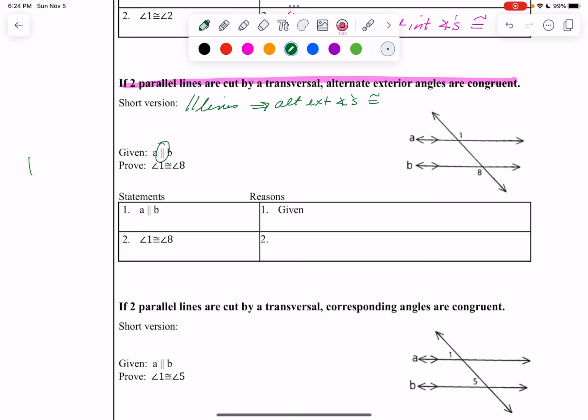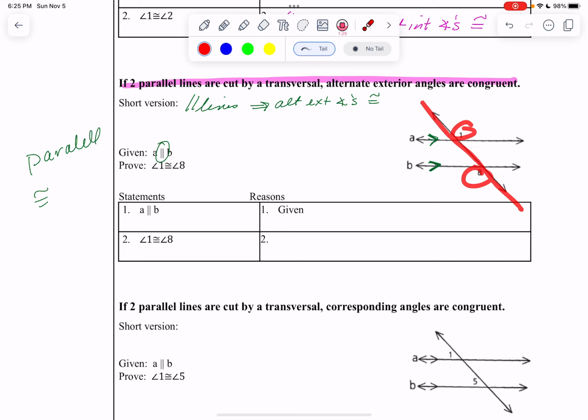I know parallel, I'm trying to prove congruent. Here's my parallel symbol telling me that those lines are indeed parallel. Here's my transversal. These are on opposite sides of my transversal, and they are outside of my parallel lines. That makes them alternate exterior angles.